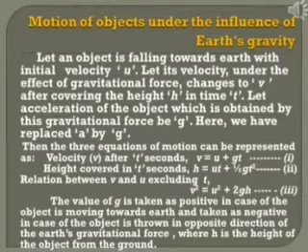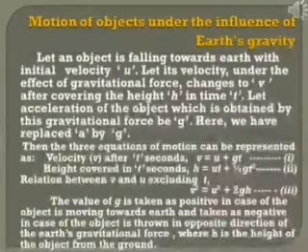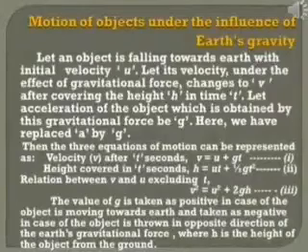Let its velocity under the effect of gravitational force change to v after covering the height h in time t seconds. Let the acceleration of the object obtained by this gravitational force be g. Here we have replaced a by g.